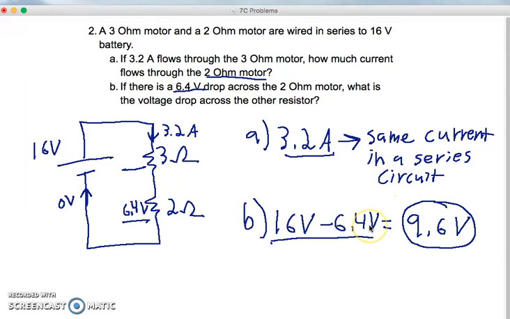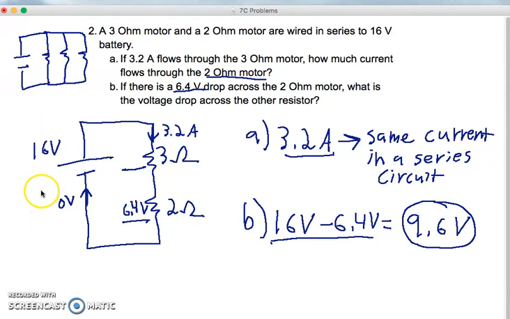Okay, so that's the idea. This was a series circuit, but if we did a parallel circuit, it would have been the same idea. Think about what type of circuit you have, think about the rules for how voltage and current behave, and then do your addition or subtraction.